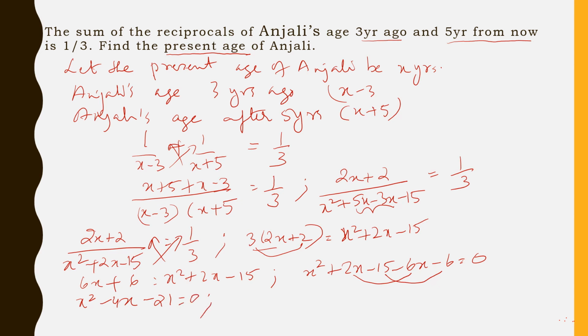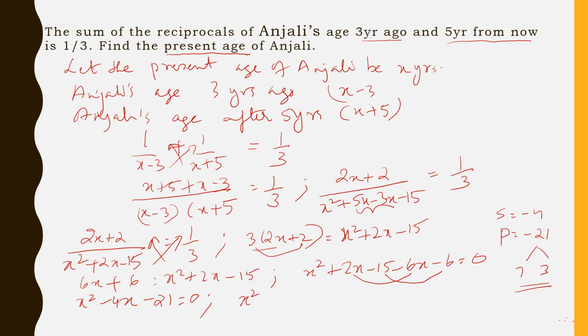So, by splitting the middle term, we can easily find out the value of x. Here, the sum is equal to minus 4 and the product equal to minus 21. So if you take 7 and 3, 7 into 3 is 21 and 7 minus 3 is 4. So we'll use these two factors 7 and 3.